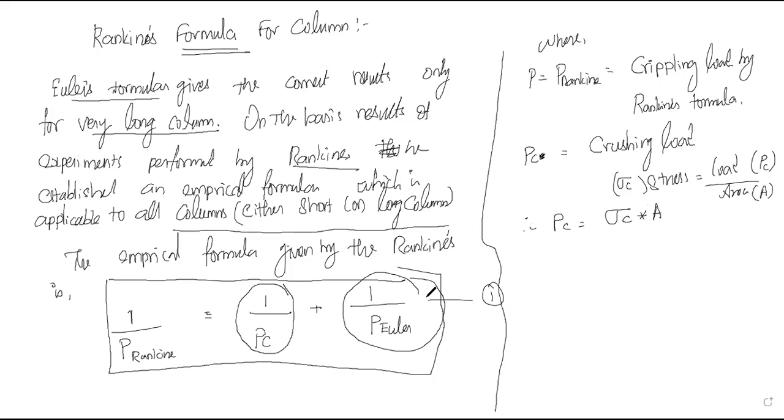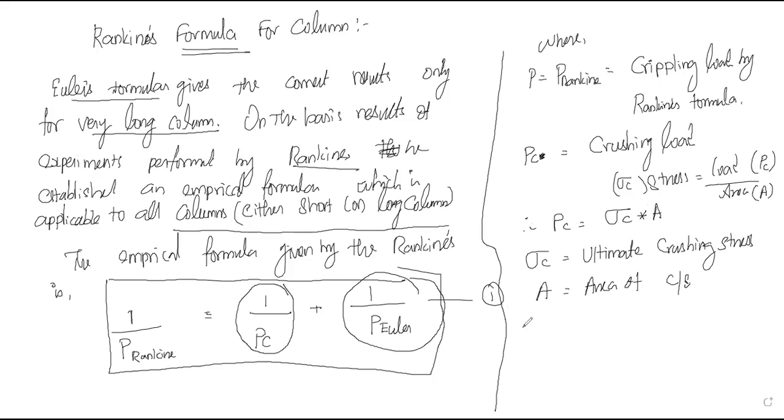Next, sigma C is equal to ultimate crushing stress, whereas A equals area of the cross section.